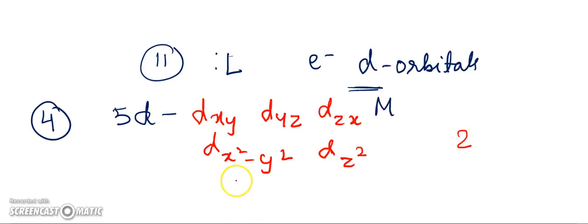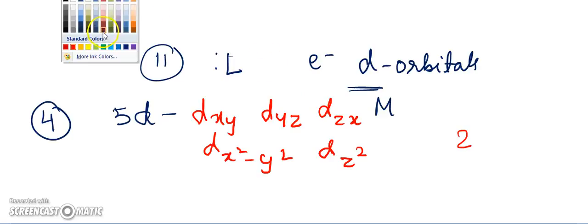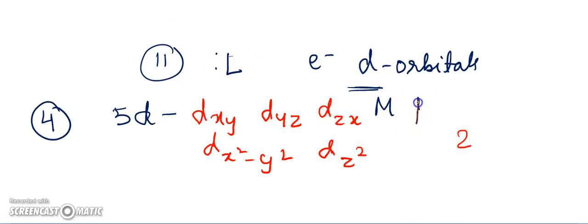So the 2 sets: here we have dxy, dyz, dzx, which orient in the region between the coordinate axes, and are designated as what? T2G orbitals, pronounced as T2G.